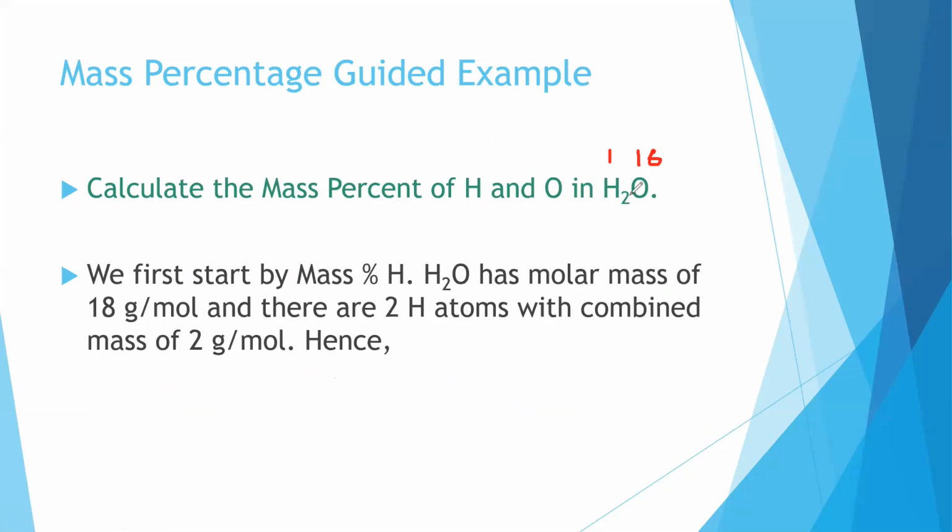In H2O, the molar mass is 18 grams per mole, because the subscript tells us we have 2 hydrogens. So 1 times 2 plus 16 is 18. And then we need to find the total mass of the hydrogen. There are 2 hydrogens, so we want the total mass of all the hydrogen, which is 2 grams per mole.